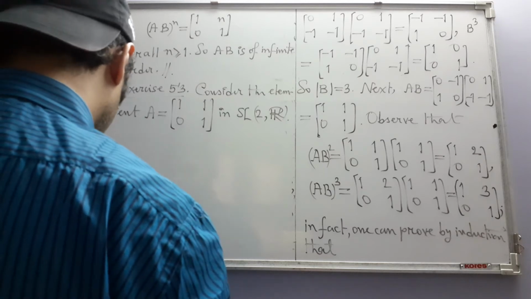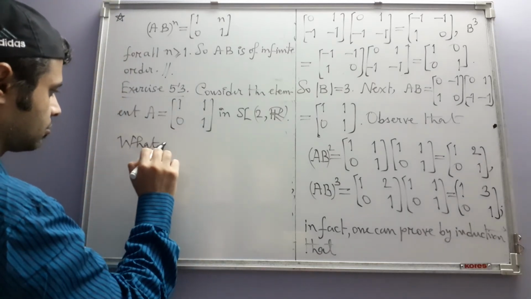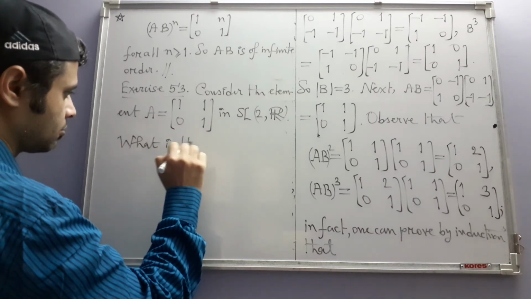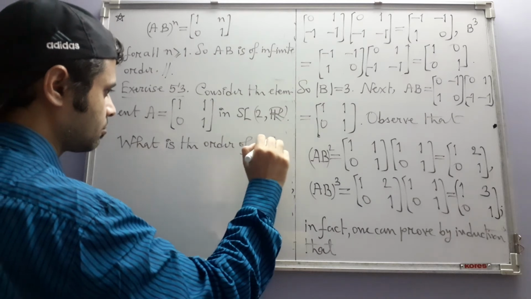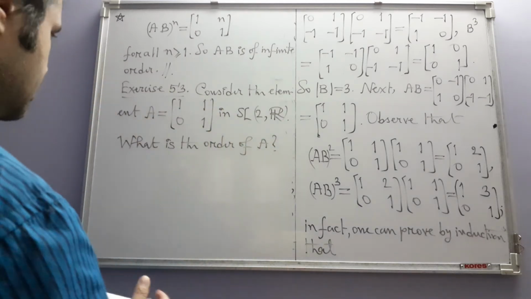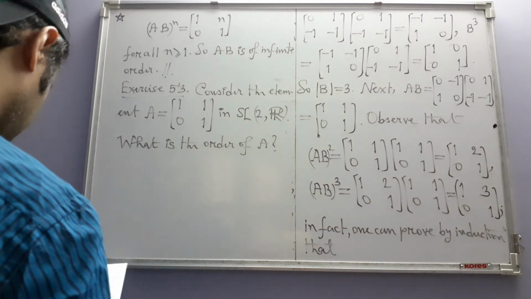What is the order of A? We have already seen that this matrix has infinite order.